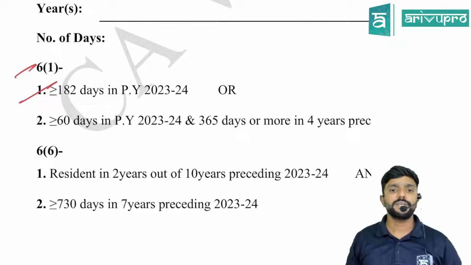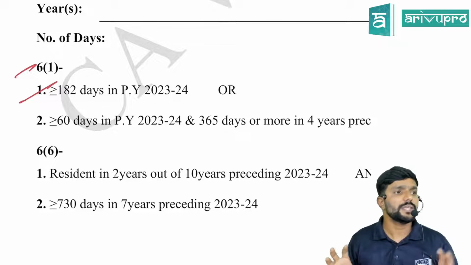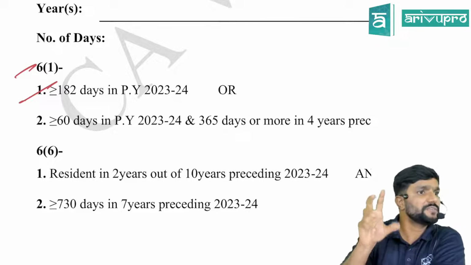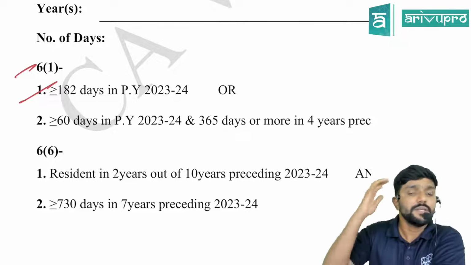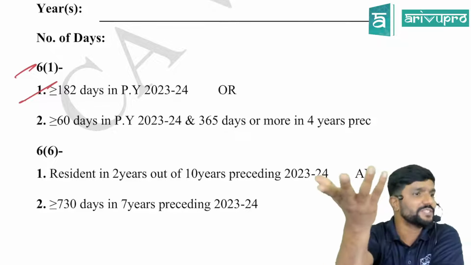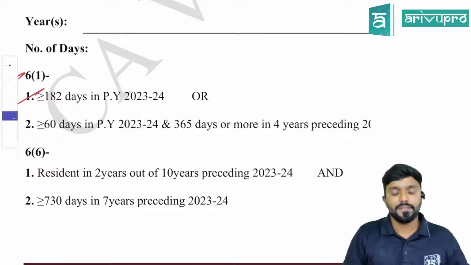Let me repeat the first point. During the previous year, in the law they have just mentioned the words previous year. But for you guys, I am stressing that your previous year is 23-24. They have not used 23-24 in the law, but for your calculations it is always 23-24.